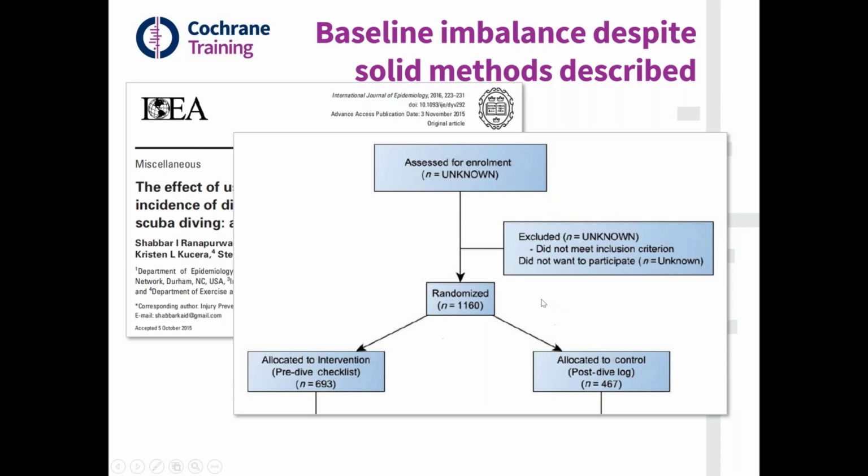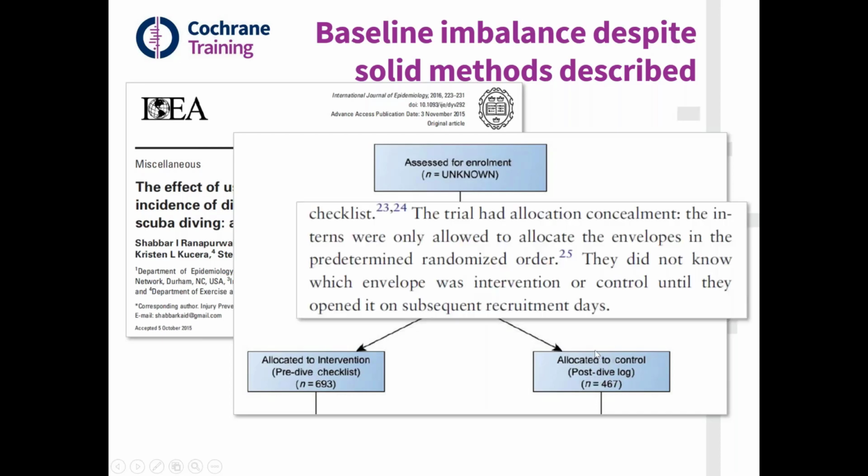They randomized in a 1-to-1 ratio, but again we have 693 people allocated to the pre-dive checklist and 467 allocated to the control group.